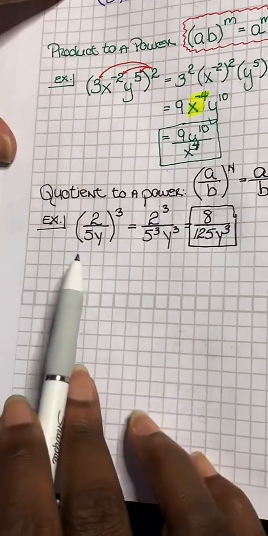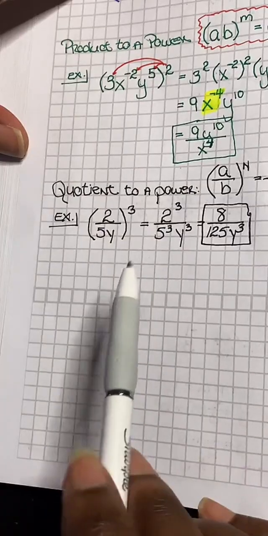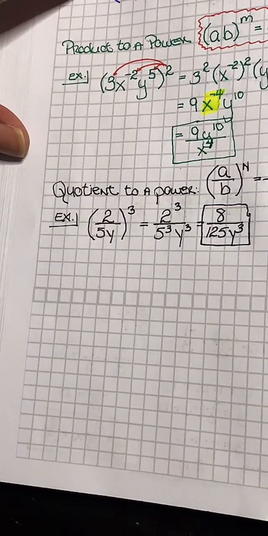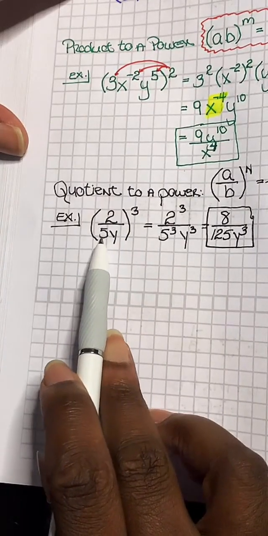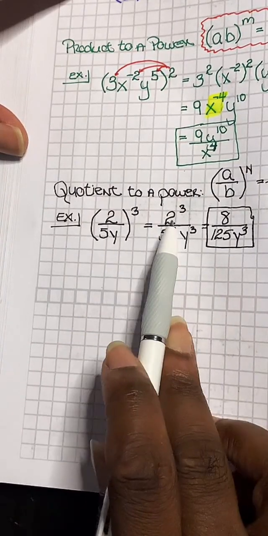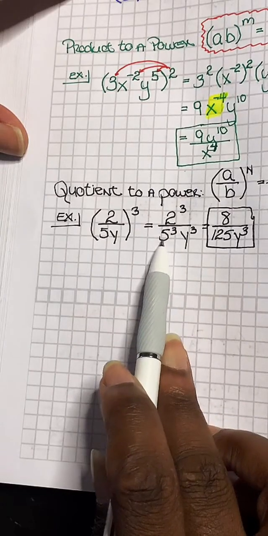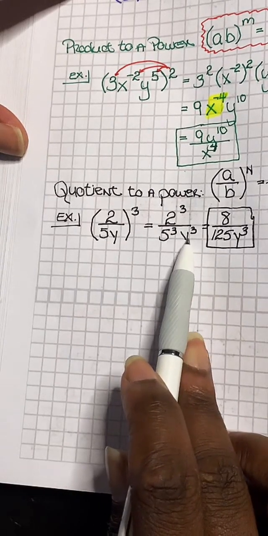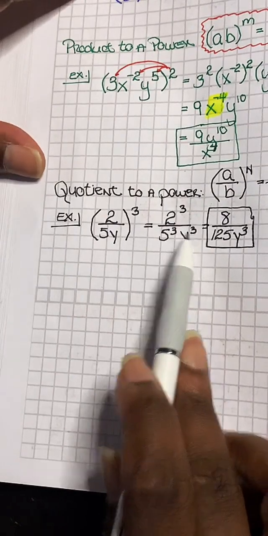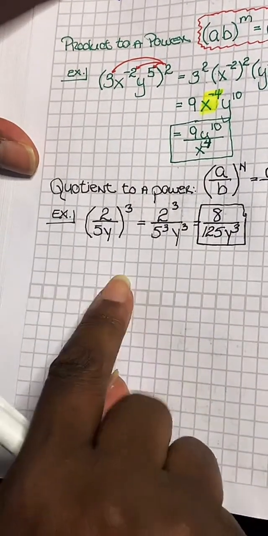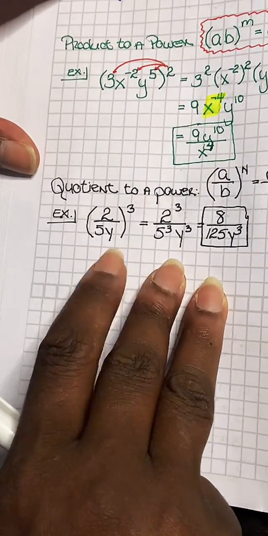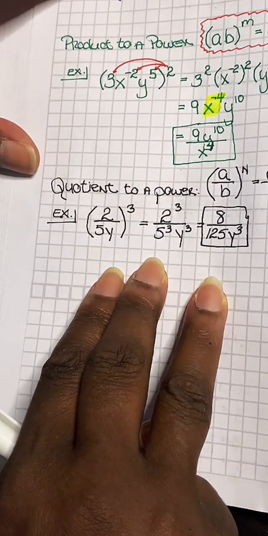Okay. So first thing that I did, so this is for Dylan. So if anyone else needs this again. All right. So the first thing I did, I raised everything in here to the third power. So I raised the 2 to the third power, the 5 to the third power, and the y to the third power. So then I had to figure out 2 to the third power, that's 2 times 2 times 2. 2 times 2 is 4. 4 times 2 is 8.